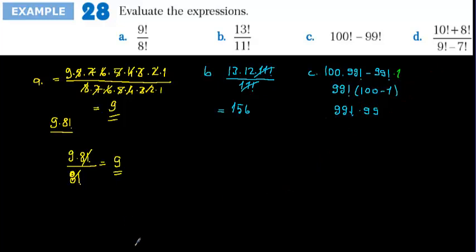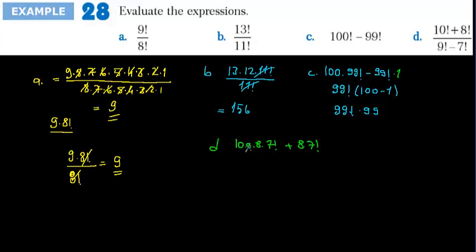Okay, for the D1 only here, we are going to choose the smallest factorial notation, the number here, that is 7 factorial. So with respect to 7 factorial, we are going to open the others, and it's going to be like this. 10 factorial can be opened as 10 times 9 times 8 times 7 factorial plus 8 times 7 factorial.